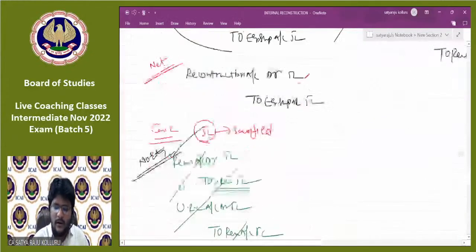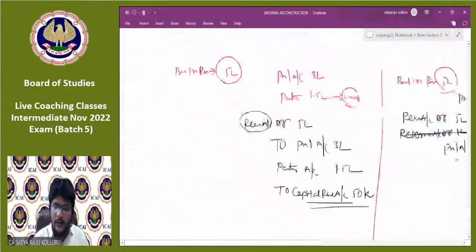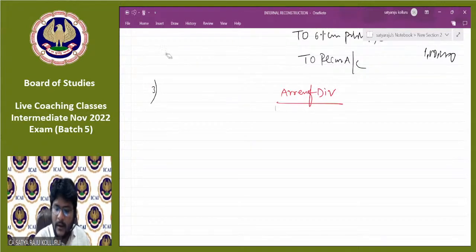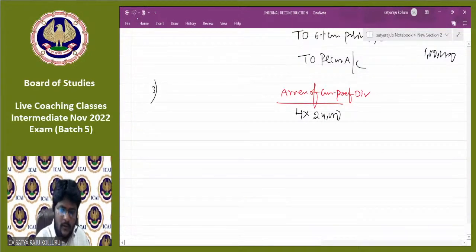Sir, what is he talking about, sir? Please come down. He's talking about arrears of preference dividend. So before passing the entry, I'm explaining the concept: arrears of cumulative preference dividend. So total 4 years, guys, which is 4 multiplied by 24,000.